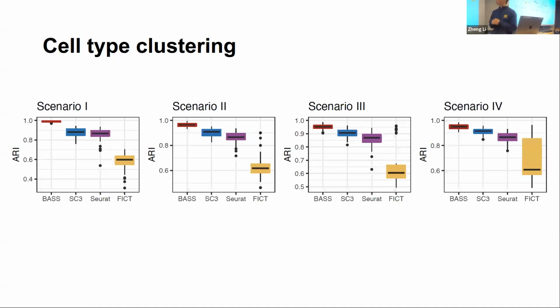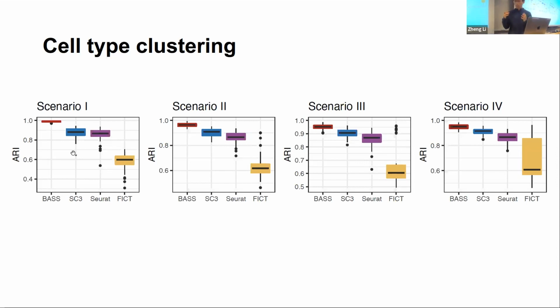For cell type clustering, we compared our method with 3 other methods: SC3, SIRET, and FICT. Our method has overall the best performance, followed by SC3, SIRET, and FICT. One observation is that the performance gain from our method compared to the other 3 methods is the largest in scenario 1.